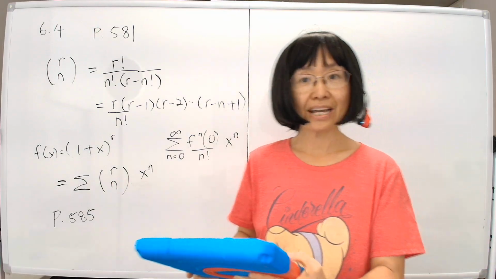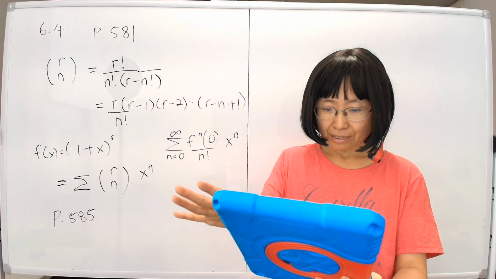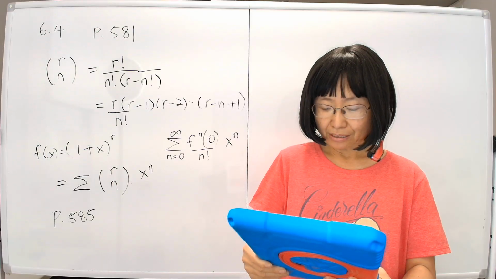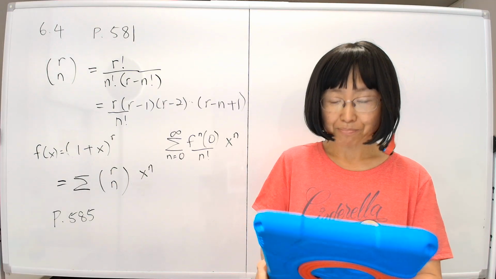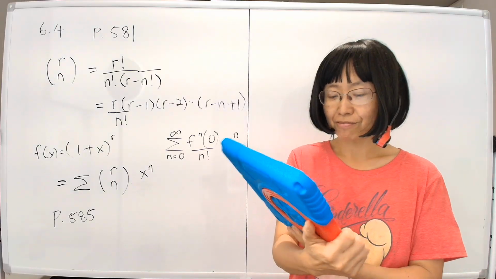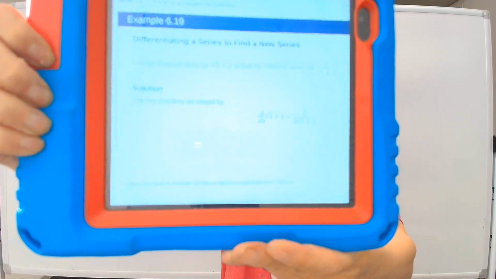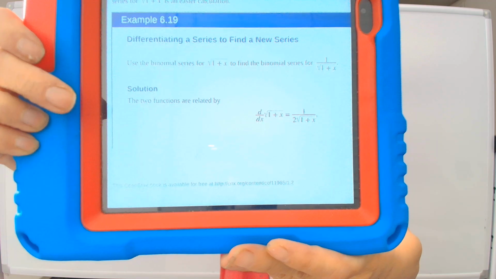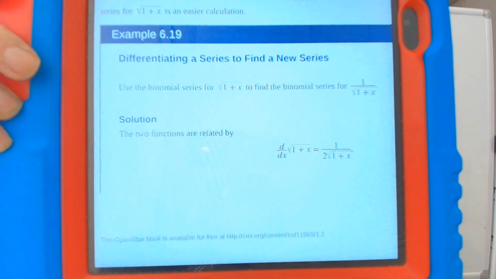And next, let's look at example 6.19 on the next page. Now we're doing differentiation. Well, sometimes you can do differentiation and maybe come up with some kind of answer. As the example shows, if you have square root of x, but what you need to find is 1 over square root of x, how are you supposed to do that?